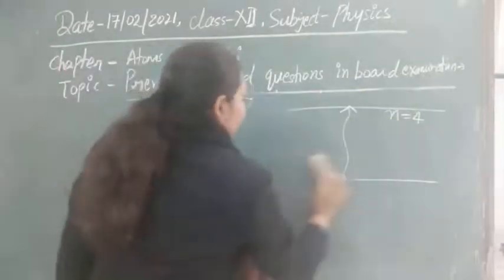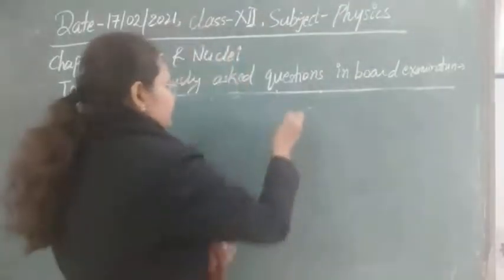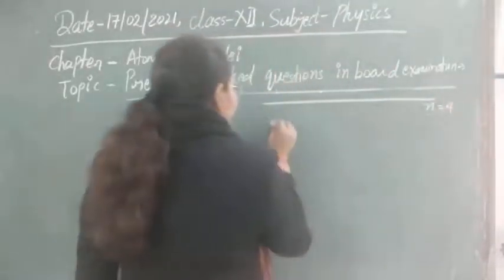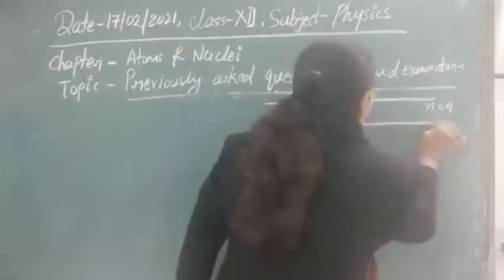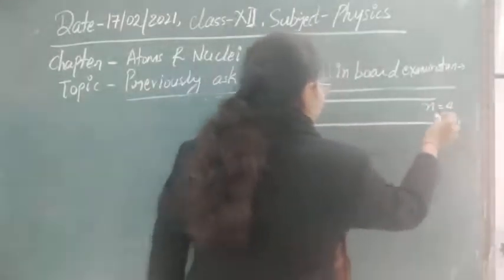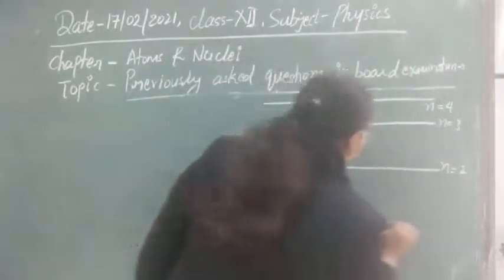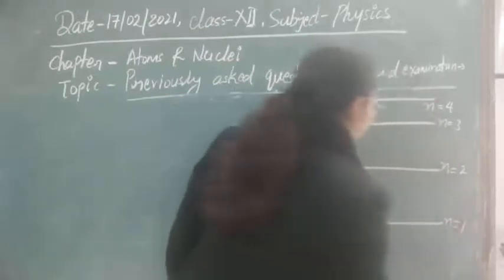To draw the energy level diagram, we can make here the n is equal to 4 state, and obviously we know that the spacing decreases as the number of the atomic state increases. Then n is equal to 3, n is equal to 2, and finally this is the n is equal to 1 state we have.